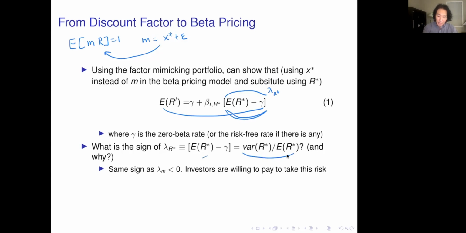The reason is the same as before, because this factor mimicking portfolio co-varies positively with the stochastic discount factor. So when R star is high, it's a bad state of the world, and when R star is low, it's a good state of the world, right? Therefore, the price of risk associated with R star should be a negative number.